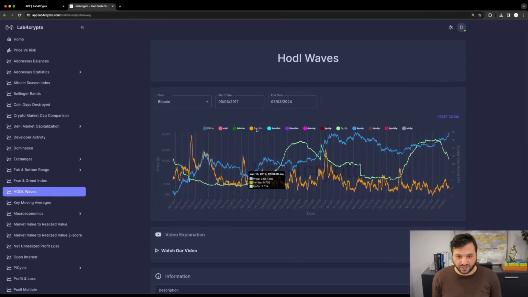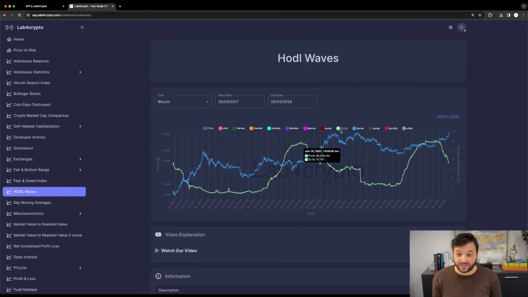And let's move to the longer time frames again. The 2 to 3 years, you will see the behavior of, for example, on the COVID dip, they didn't flinch. And as we started to move to the previous all-time highs, they start to slowly offload some of their BTC. And also, when we see a sharp drop, that's an indication that these kind of investors believe that the Bitcoin top is in.